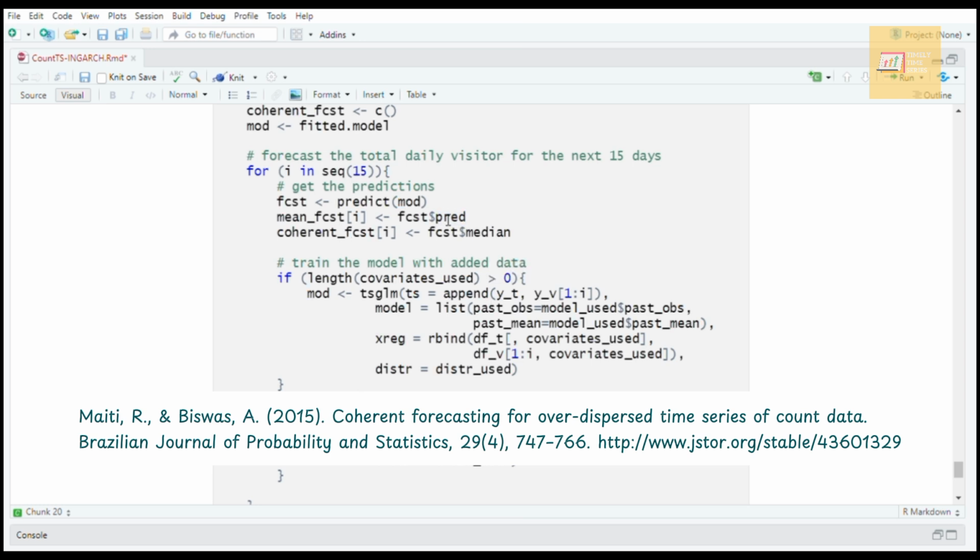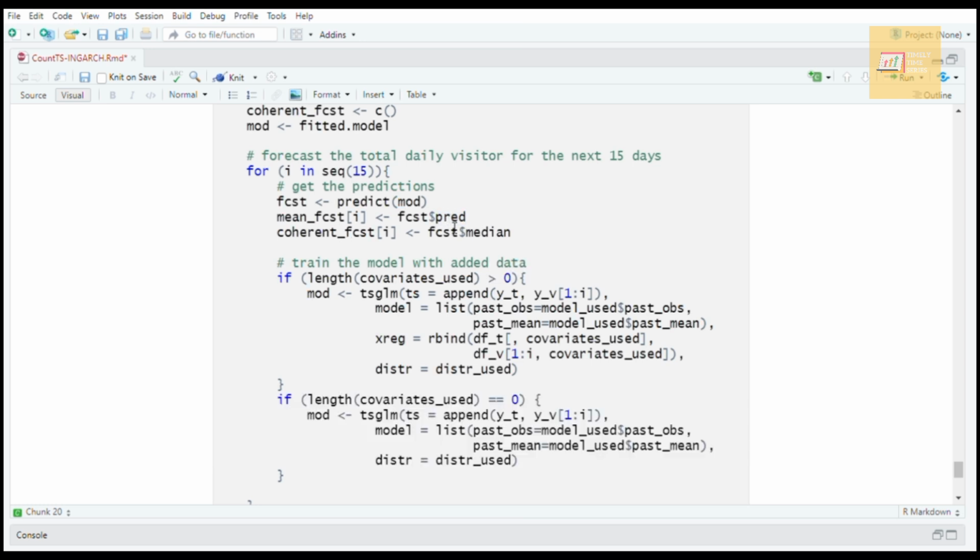So this is why I want to try to forecast using two different ways. The first one is the mean, which is taken from the prediction method, like the prediction value that is generated by using the predict function.